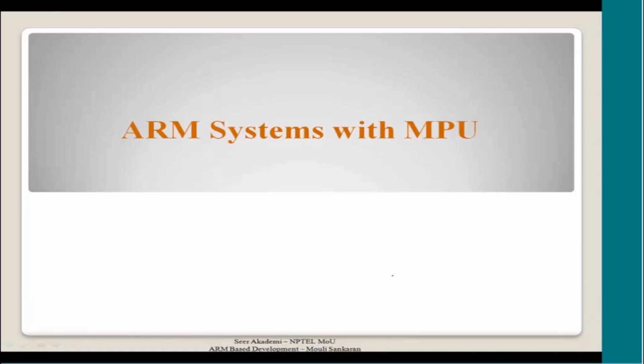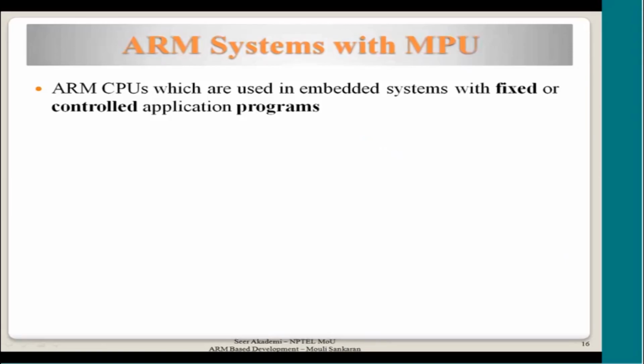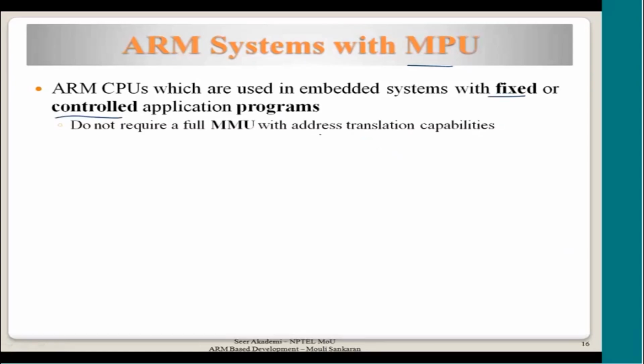Now let us see an overview of which systems have an MPU in them. ARM CPUs which are used in embedded systems with fixed or controlled application programs do not require a full MMU.